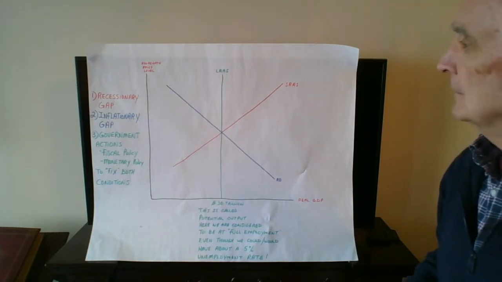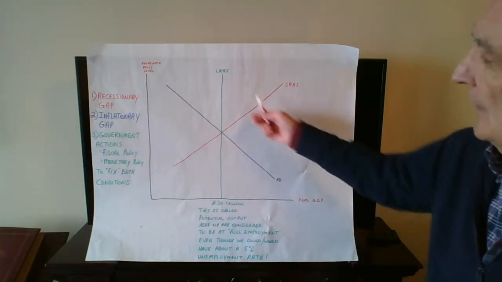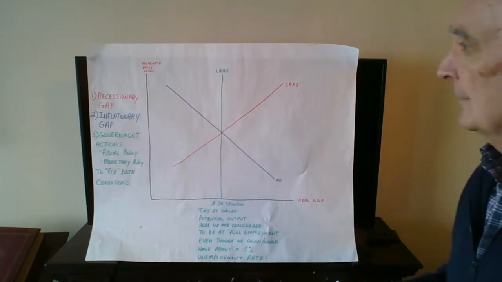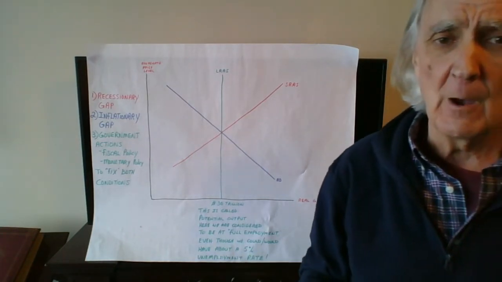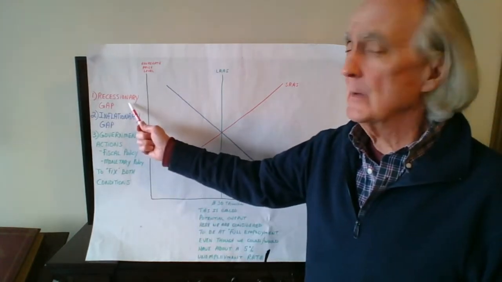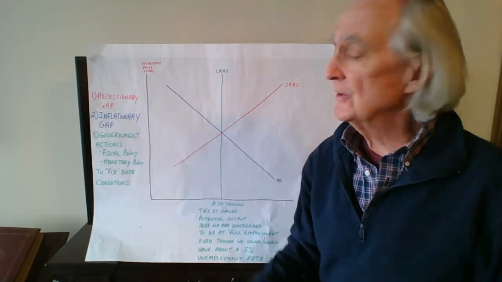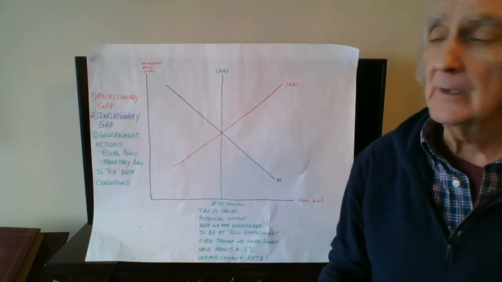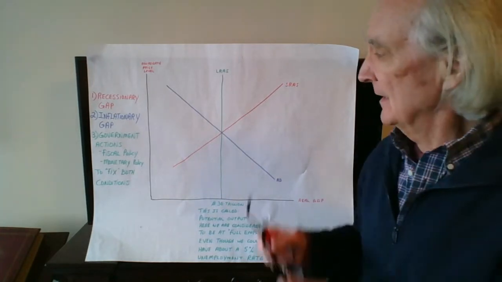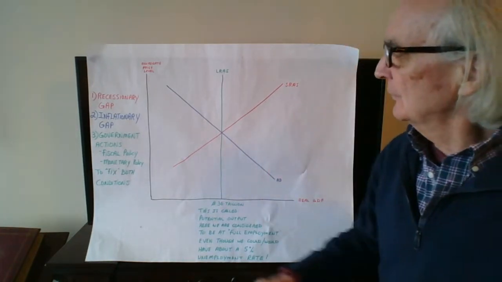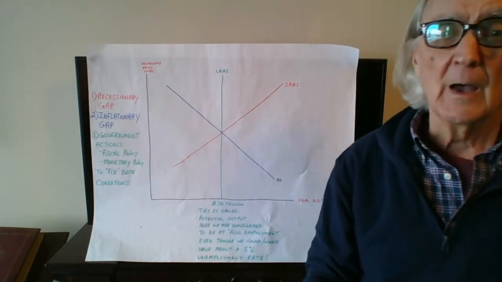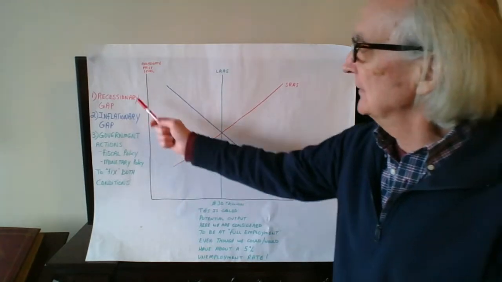Okay, so here again, here's the big blow up of long run and short run equilibrium. What we're going to talk about now is what they call a recessionary gap and an inflationary gap. And we're going to say, well, now the government can take action either through fiscal policy or monetary policy to fix both of these conditions.